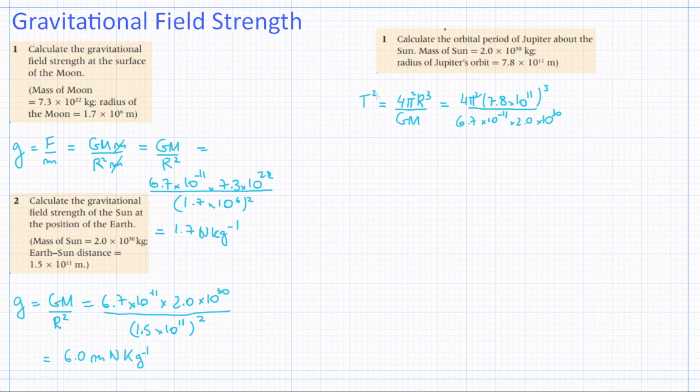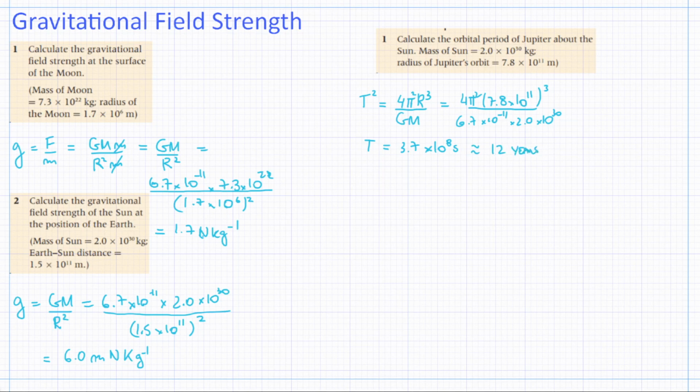If we work the root here and get just the period, then you can check your values. The period should be 3.7 times 10 to the power of 8. And since we've used all SI units, that would be seconds, which would be roughly 12 years.